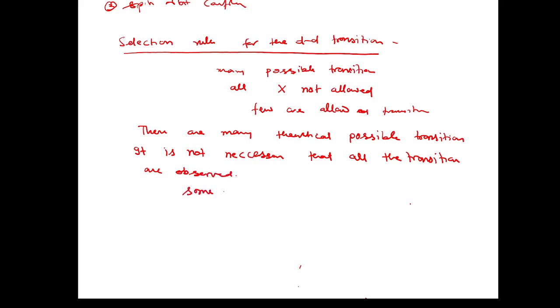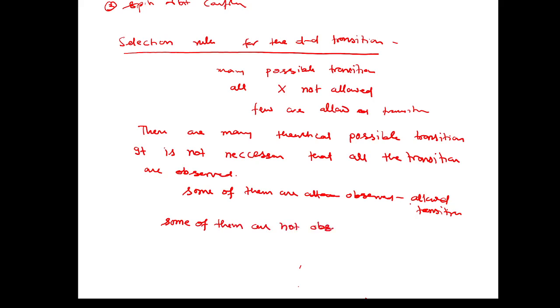Some of them are allowed. Some of them are observed, called allowed transitions. Some of them are not observed. They are called forbidden transitions.